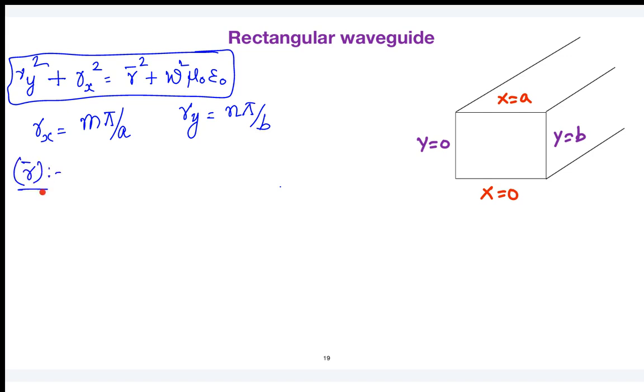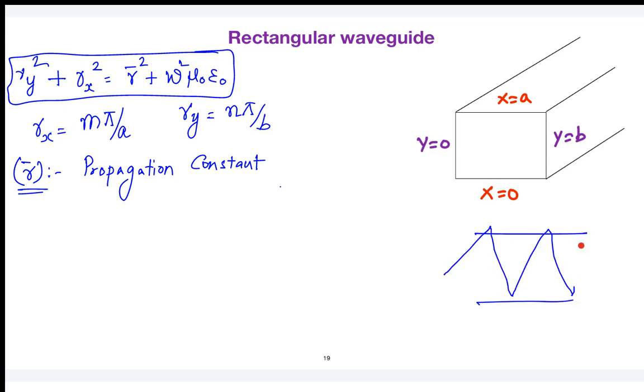So when I say the propagation constant, even though the wave is passing through several reflections, as in the parallel plate waveguide, though the wave is traveling in multiple directions, the wave is advancing in the z direction itself. It is not passing straight along the z axis, it takes multiple paths, but ultimately it is advancing in the z direction.